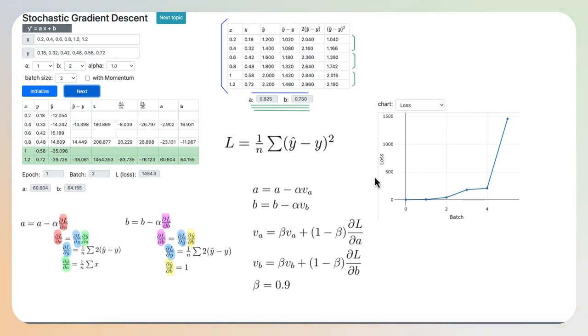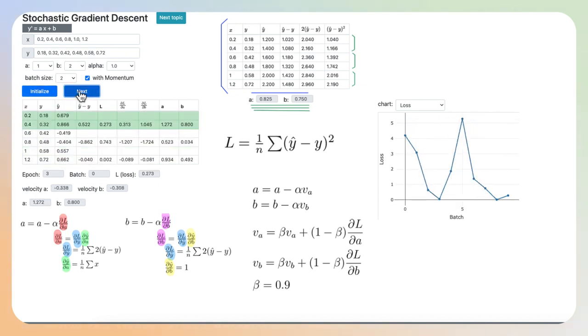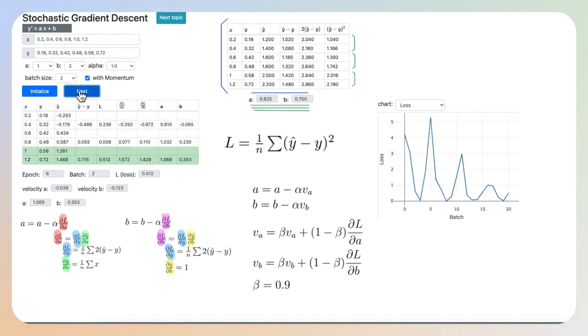To fix this issue, now let's turn the momentum on by selecting the with momentum checkbox. We can initialize the algorithm again and run a few iterations, maybe until we reach epoch 10 or 11.